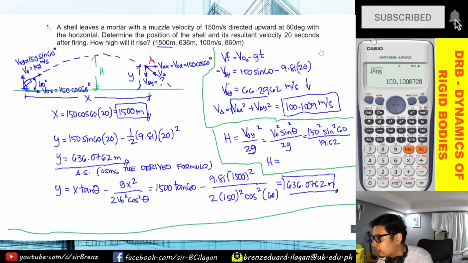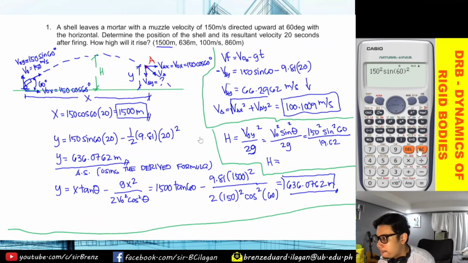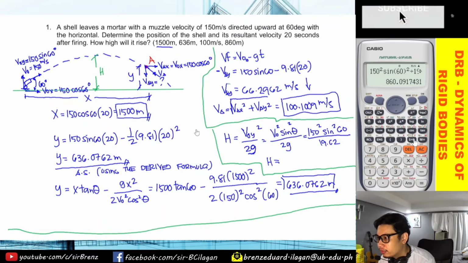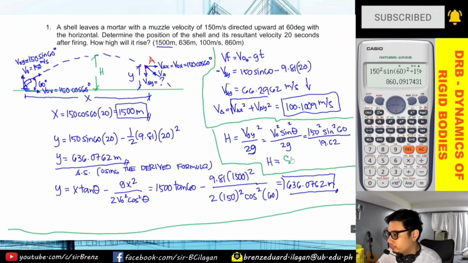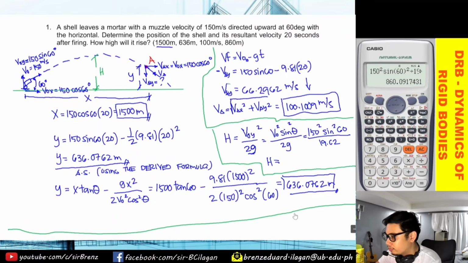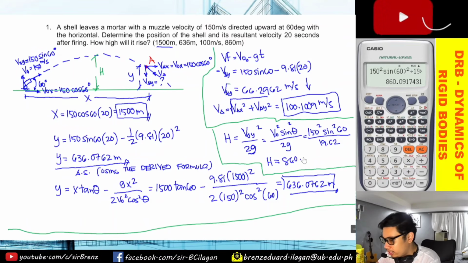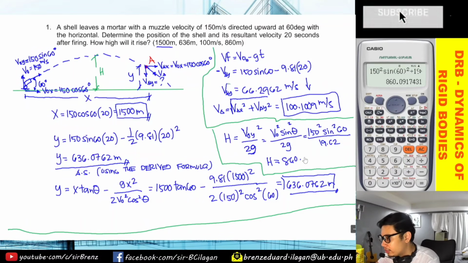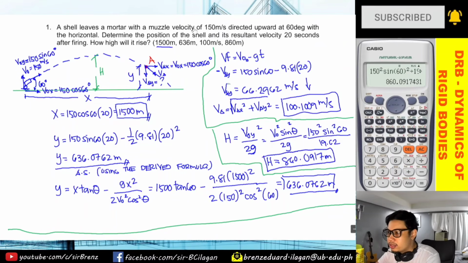So, pindutin lang natin. 150 squared sine 60 squared divided by 19.62. So, 860.0917. Ayan, lumabas naman. Alright. So, napalabas naman natin lahat.